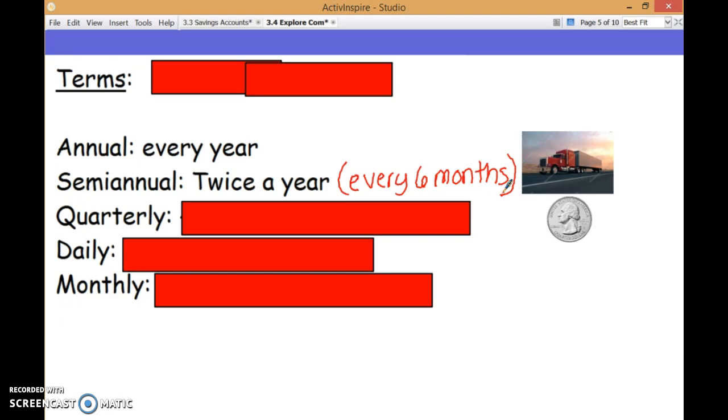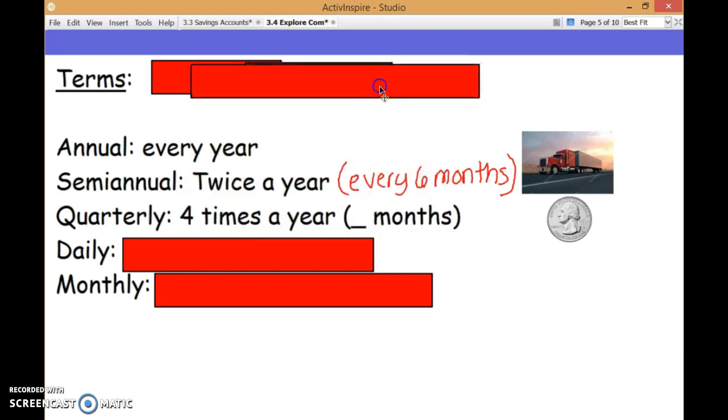Next, quarterly, right? If you think of $1, there's 4 quarters in $1. So quarterly is going to be 4 times a year, which would then mean every 3 months.